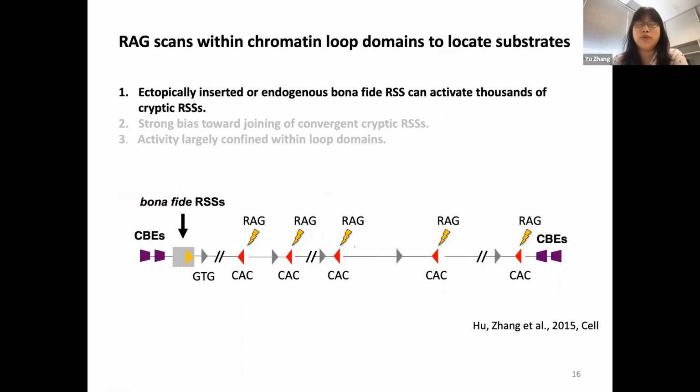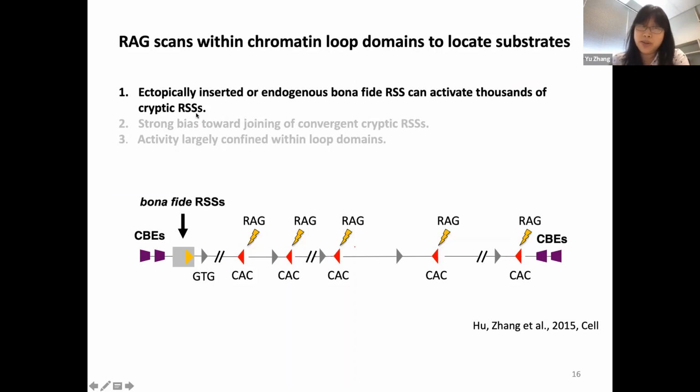So overall, this study revealed 3 important features of RAG off-target activity. First of all, it's obvious that bona fide RSS, we tested both an ectopically inserted one and also an endogenous one from the IgH locus, can activate thousands of cryptic RSS.